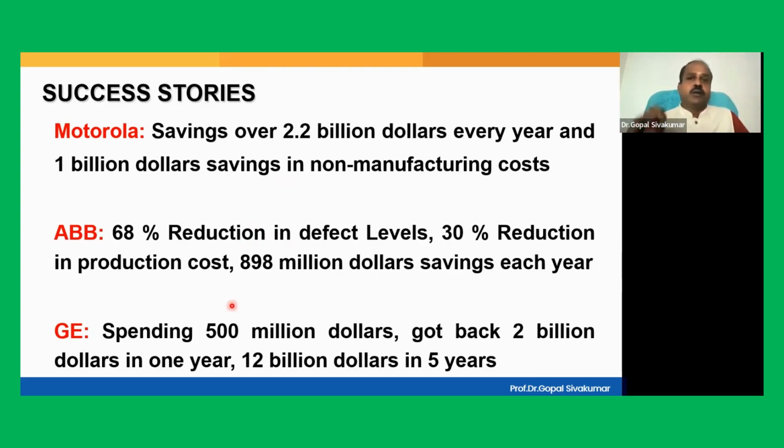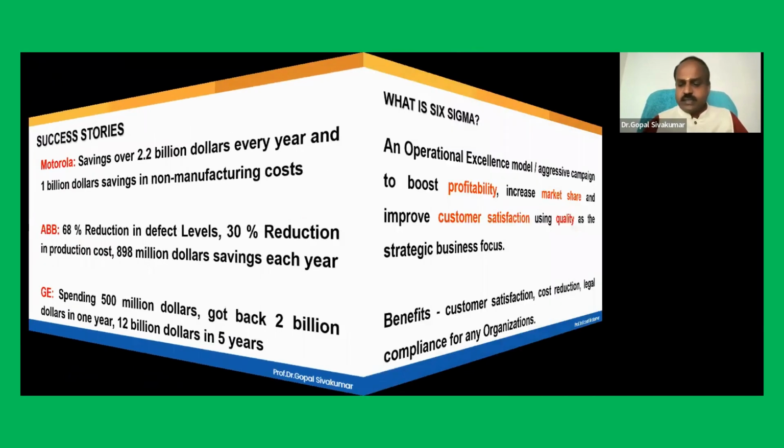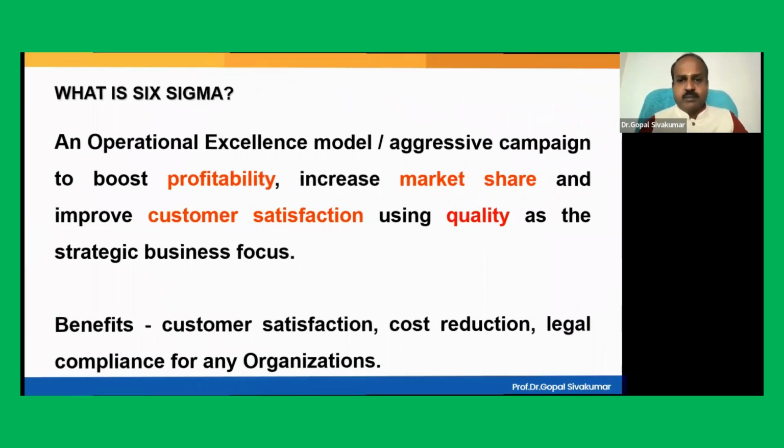If you want to float, let's say, 10 projects, you need at least 30, 40 green belts. The cost of developing 30, 40 green belts is a one-time investment, but the training cost and the project execution cost will be there. So after spending $500 million, General Electric got back $2 billion in 1 year and then $12 billion in 5 years. These are all numbers picked up from the balance sheets of those companies.